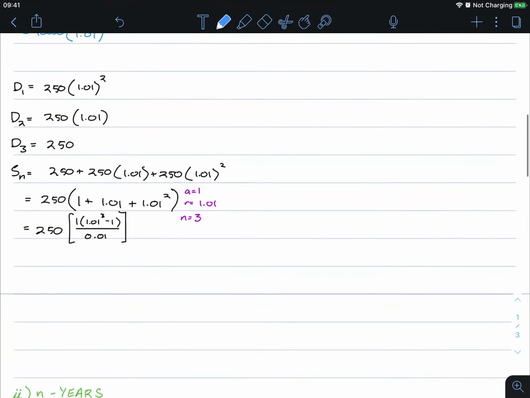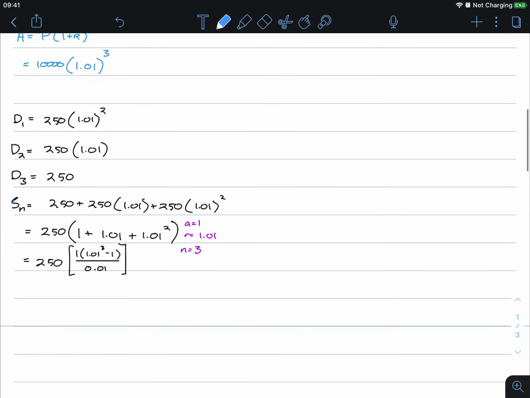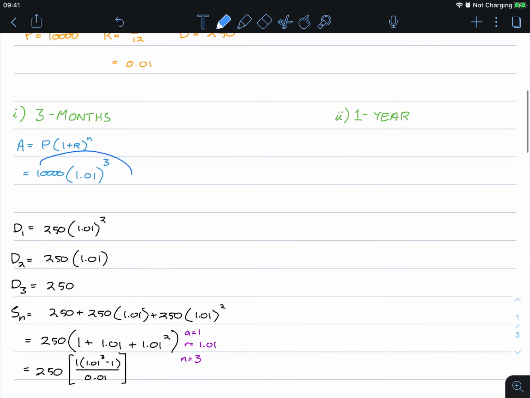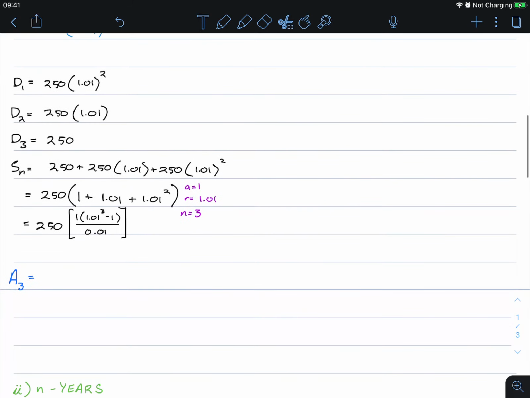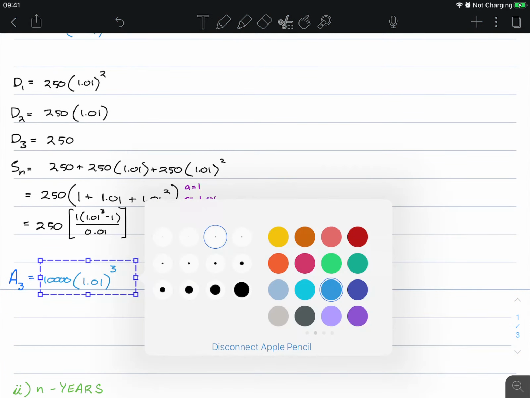Putting the two together, it's going to be Part A minus this sum. So the value of the loan after 3 months is this expression here. Let me just copy it to make it easy. Let's change the color there.